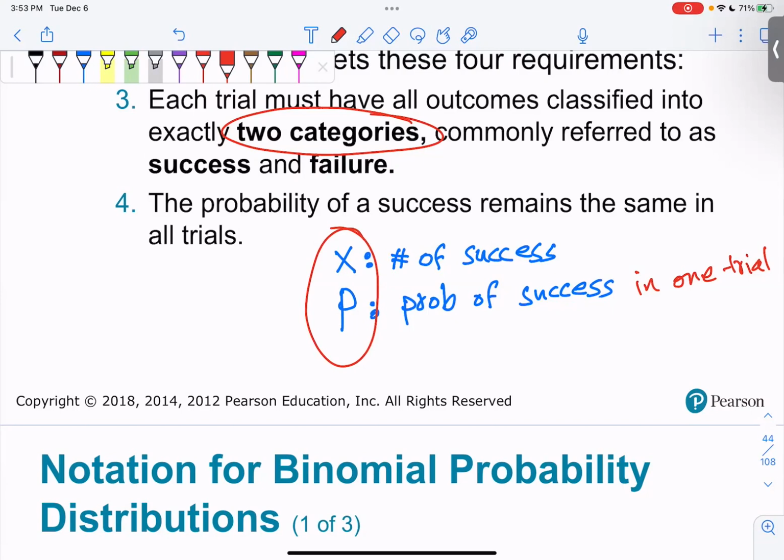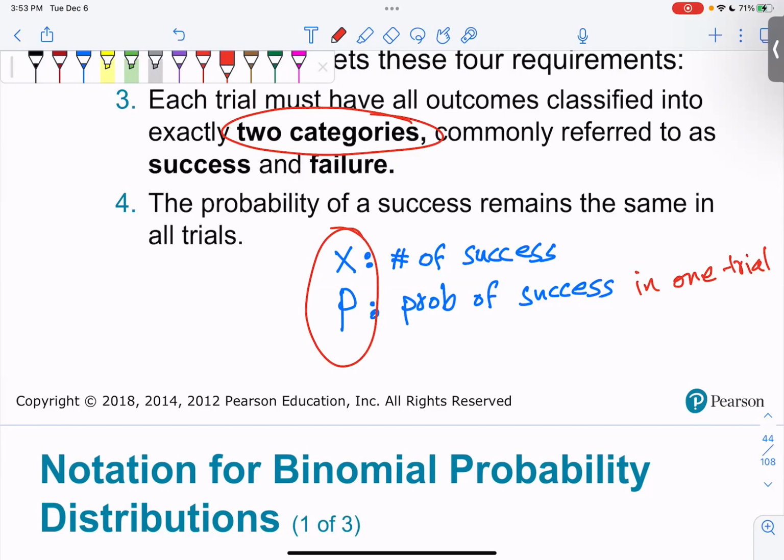And then the second requirement is that trials must be independent. So if I flip the coin and I got maybe head, and then the second experiment, is it affected by the first one? No, right? Because if you flip a coin, the first one is 50-50, the second one is 50-50.